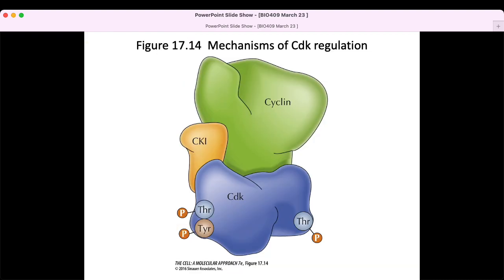In that context, here's the CDK that's at start. It's actually multiple CDKs at start, but here's the one we're going to learn about, and we'll just call it CDK, cyclin-dependent kinase. And there's that cyclin we've been talking about, which it needs to be active. Our book emphasizes, and it's more than this in real life, just 3 ways to regulate that CDK.